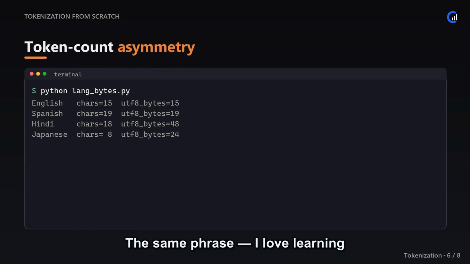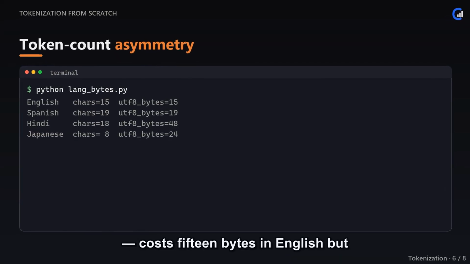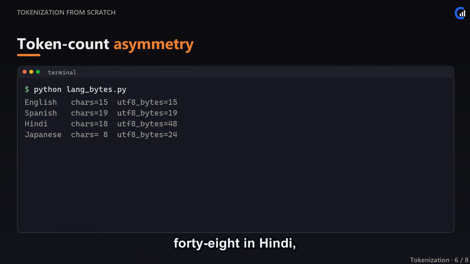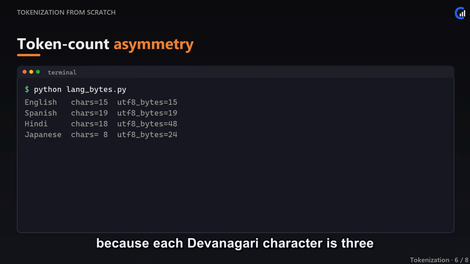The same phrase, I love learning, costs 15 bytes in English but 48 in Hindi because each Devanagari character is 3 UTF-8 bytes. Japanese is shorter in characters yet 3 times the bytes. A byte-level tokenizer inherits this gap directly. That means non-English users often pay more compute and more money for the very same sentence, a real fairness and cost issue baked into the vocabulary.